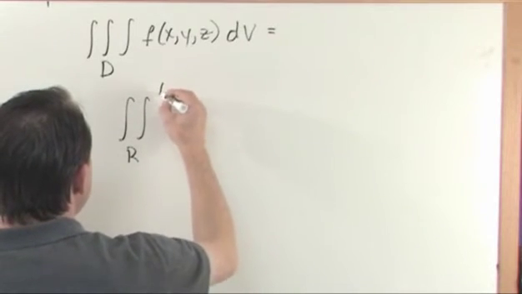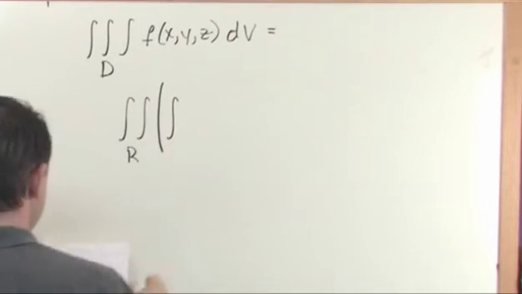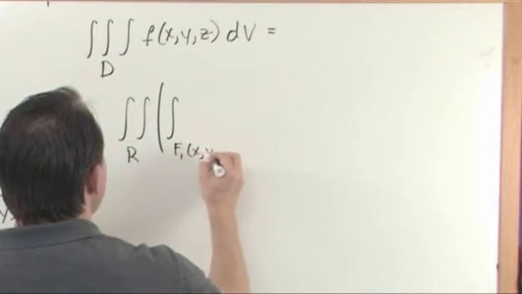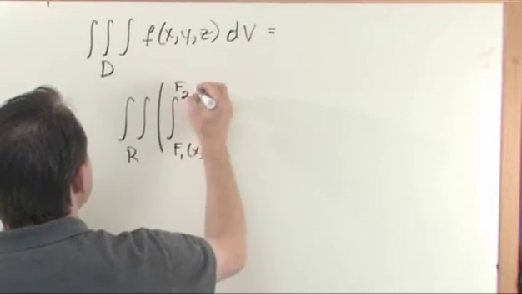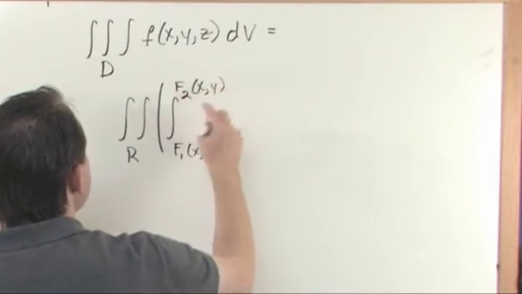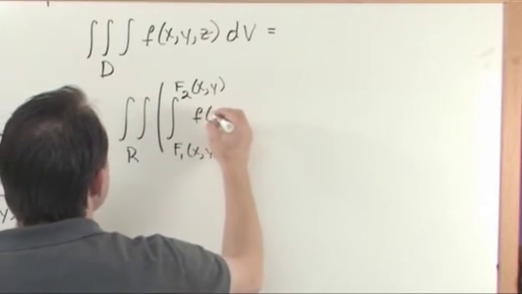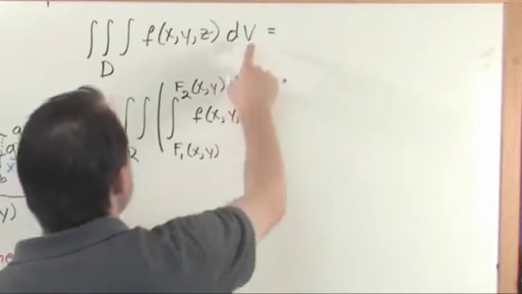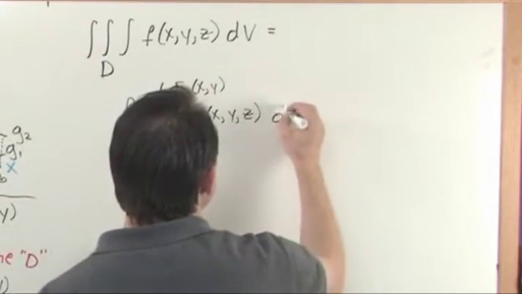I'm going to put a big parenthesis here, and put my other integral sign inside. I'm going to integrate from f1 of x and y to f2 of x and y. I'm going to integrate my function, x, y, and z. And then over here, I'm going to have dz.